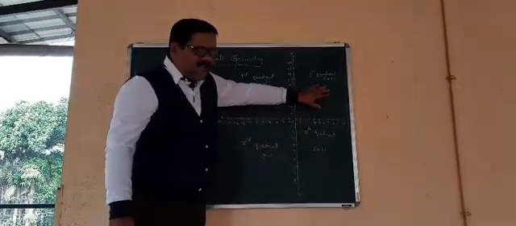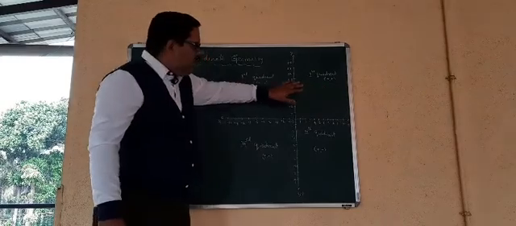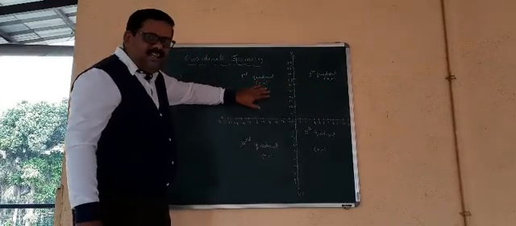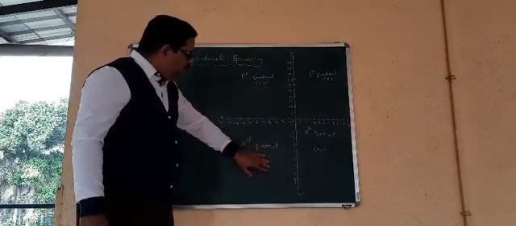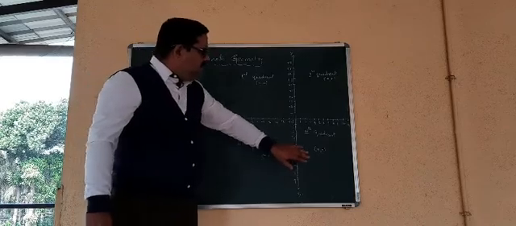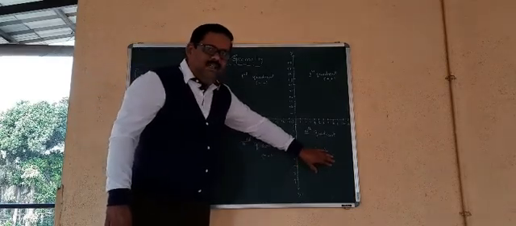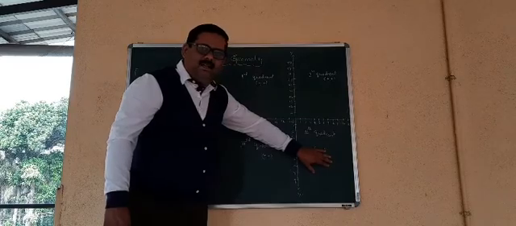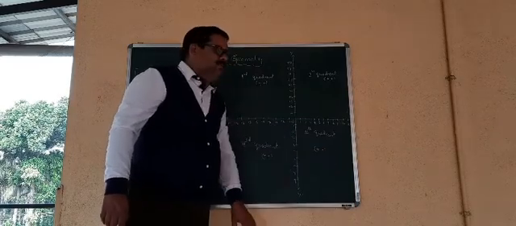This part is called the first quadrant, this the second quadrant, this the third quadrant, and the last part, the fourth part, is called the fourth quadrant.